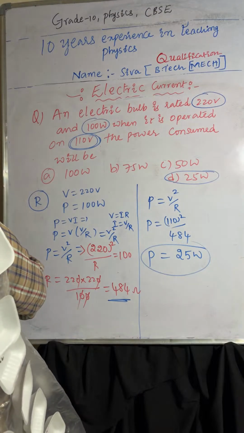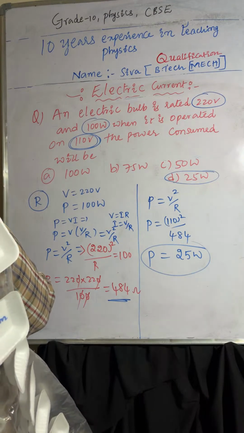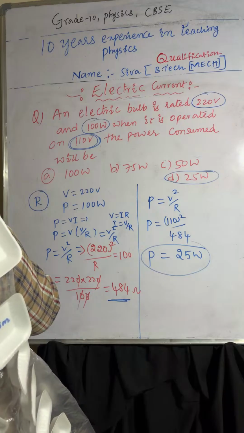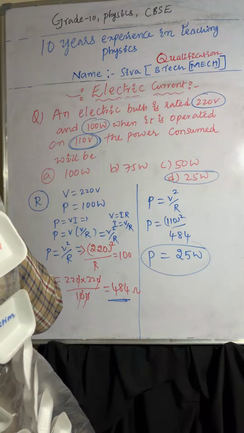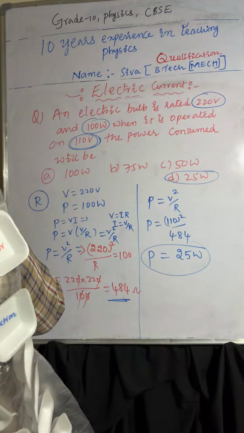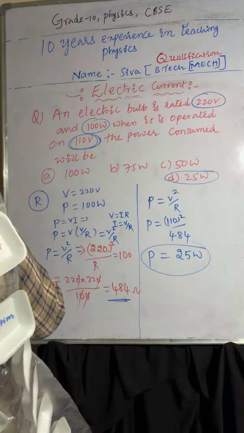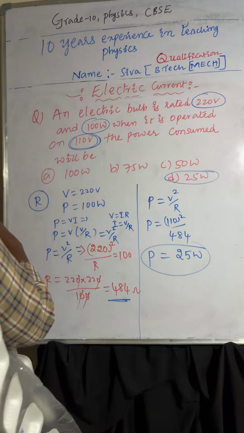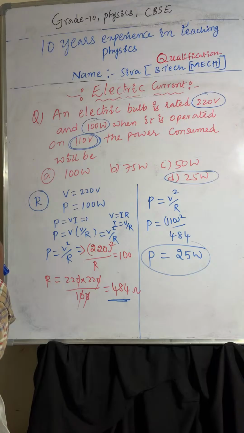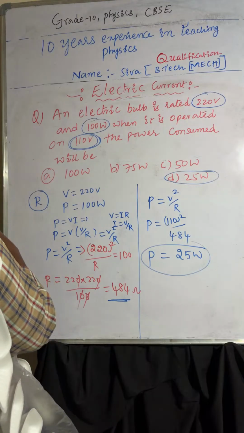Okay, one more question. Electrical heater. This is very important. Two conducting wires of the same material, of equal length and equal diameter, are first connected in series, then connected in parallel across the same potential.